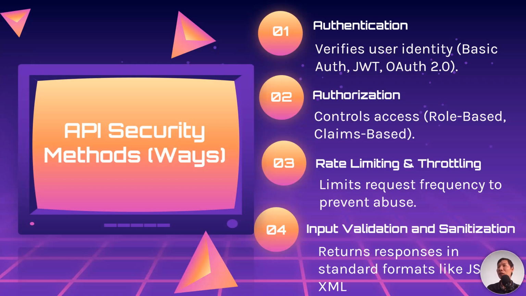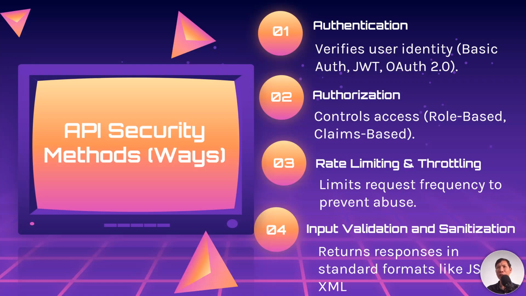And number three is rate limiting, or throttling. It means we need to prevent abuse by limiting the number of requests that a user can make within a time frame. So we can protect our API with rate limiting. Then the fourth one is input validation and sanitization.